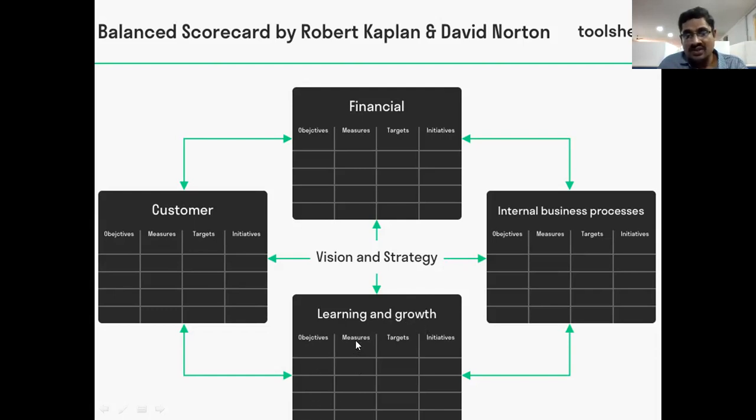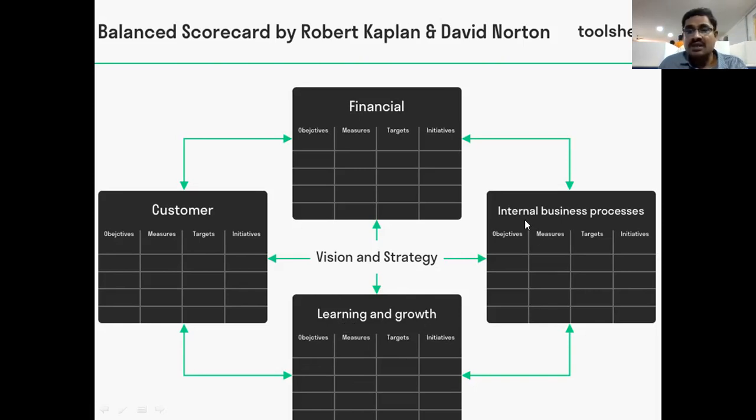And check our actual performance against planned performance, compare past results and present results, and based upon these two, estimate the future results. So for this purpose, we need to learn specific things and do them for business development and growth. Next, initiatives mean the necessary and remedial steps we need to take for these learning and growth aspects.